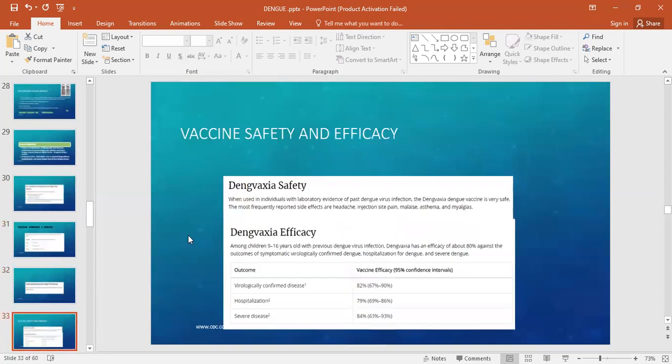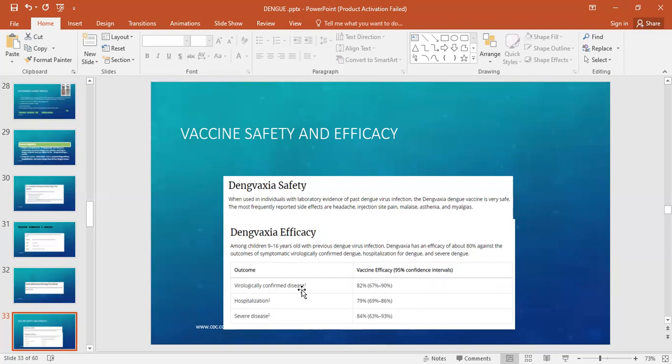Dengue vaccine safety. When used in individuals with laboratory evidence of past dengue virus infection, the dengue vaccine is very safe. The most frequently reported side effects are headache, injection site pain, malaise, asthenia, and myalgia. And dengue vaccine efficacy among children 9 to 16 years of age with previous dengue virus infection: the vaccine has an efficacy of about 80% against symptomatic virologically confirmed dengue, hospitalization for dengue, and severe dengue.